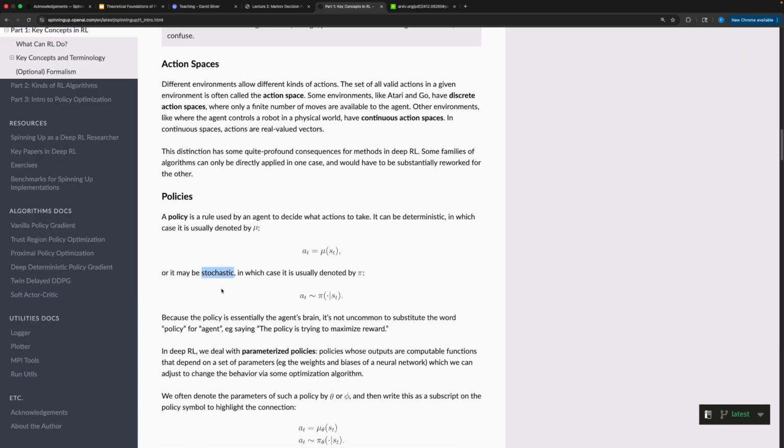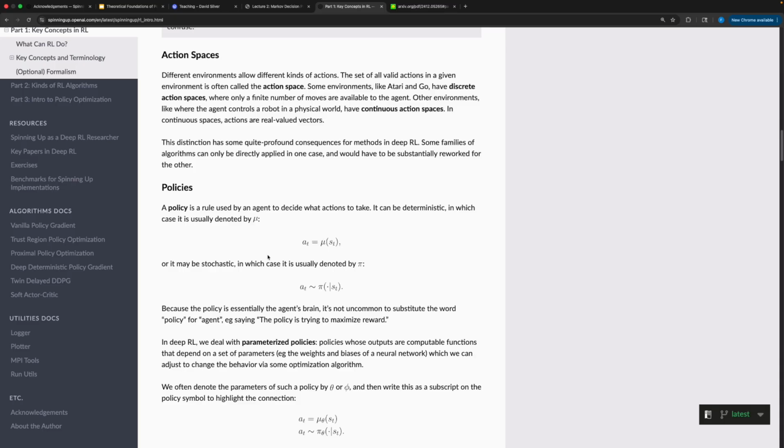Or the agent can have a stochastic policy, that is, a distribution over the action space given the current state, and at the time of inference, it samples from this action distribution. That is what is referred to as the policy. Basically, the goal of the agent is to learn a great policy. It needs to learn how to take actions at various states. And how does it do so? We'll come to that.